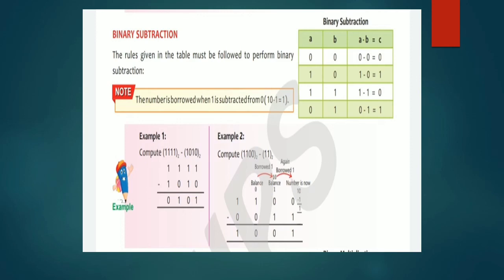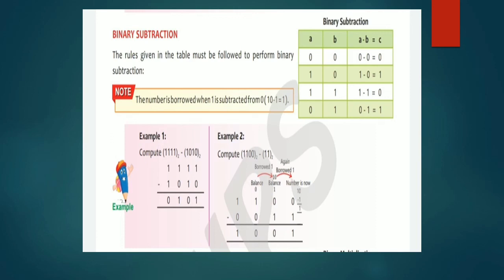Please see that 1 1 0 0 0 0 1 1. Here first is 0 minus 1. We take borrow from the next bit, that is 10 minus 1 is 1. So here balance is 1. We take 1 minus 0 is 1 and 1 minus 1 is 0.